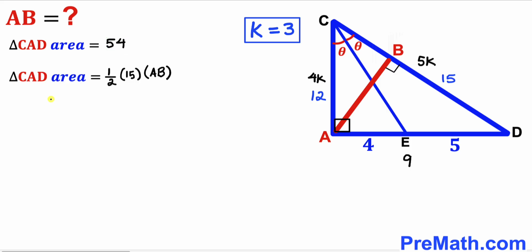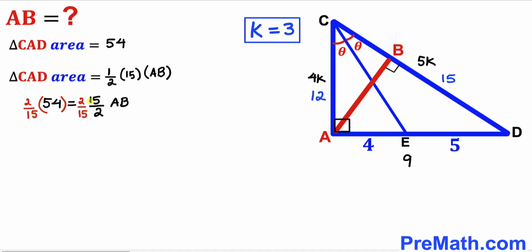We can write 54 equals 15 divided by 2 times AB length. Now I am going to multiply by the reciprocal of 15 divided by 2, that is 2 divided by 15, and likewise multiply the left hand side by 2 divided by 15 as well.